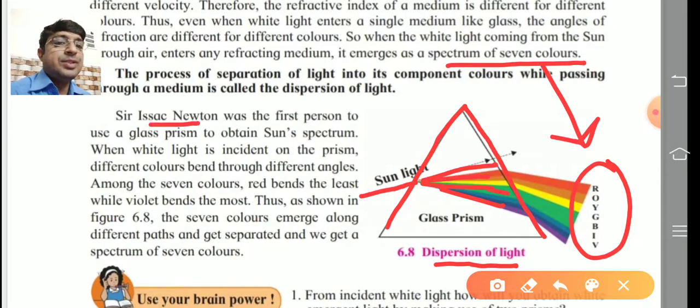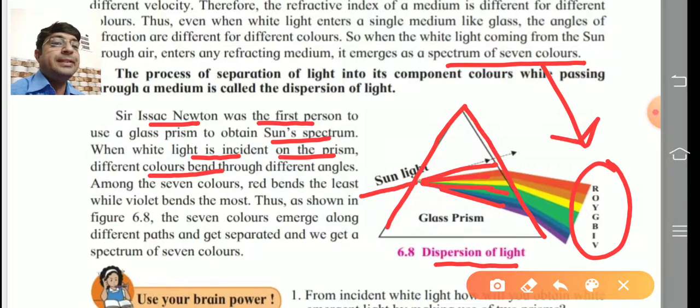Sir Isaac Newton was the first person to use a glass prism to obtain the sun spectrum. When white light is incident or falls on the prism, different colors bend through different angles that we observed in this figure.